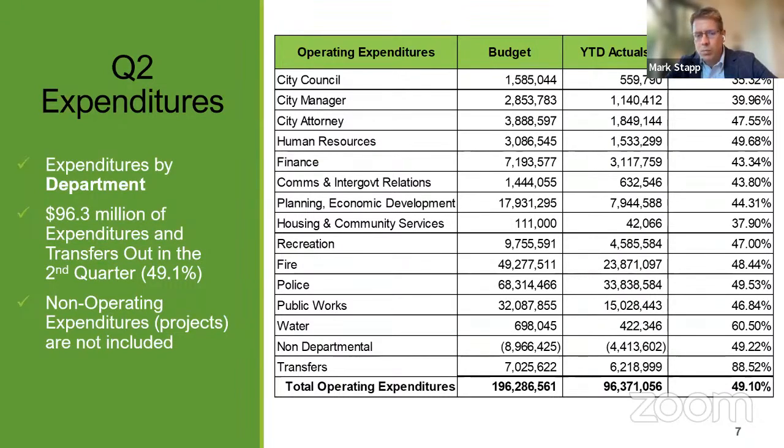Alan, it's Mark. Just a quick question about the water expenditure. Is that typically higher at this point of the year than the rest of the budget? I believe so. A very small part of that has to do with storm drain or stormwater.